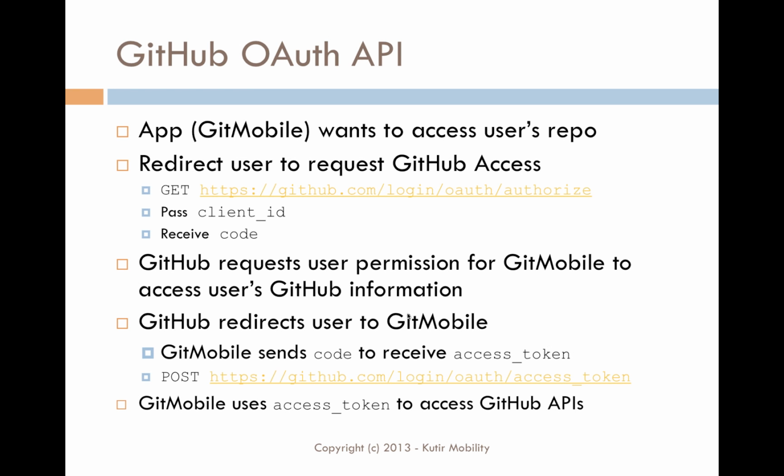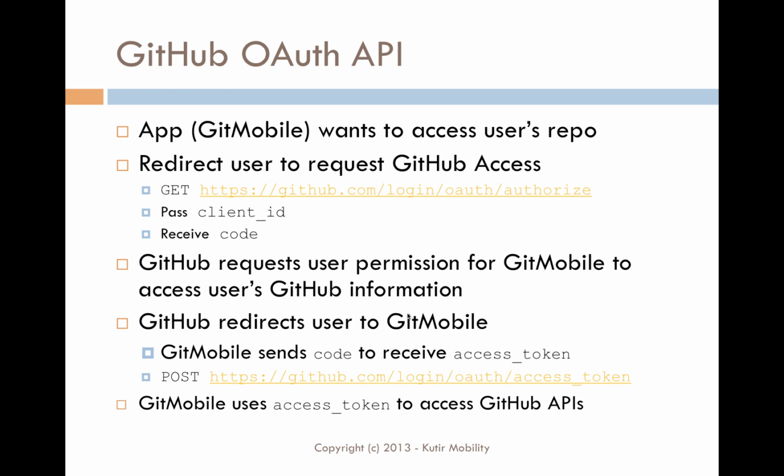I want this application to have access to the repositories and the issue tracking feature of GitHub. So it's a three-step process with the GitHub API.